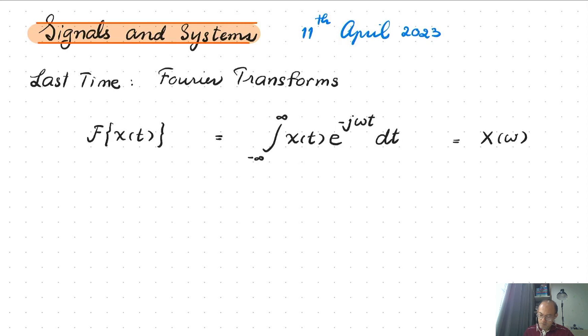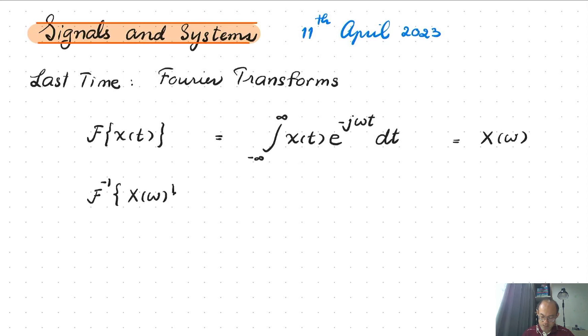On the other hand, if we know the Fourier transform X of omega, we can always reverse the process to find the time domain signal x of t by taking what we call the inverse Fourier transform. We denote it by F to the minus 1, applied to X of omega.